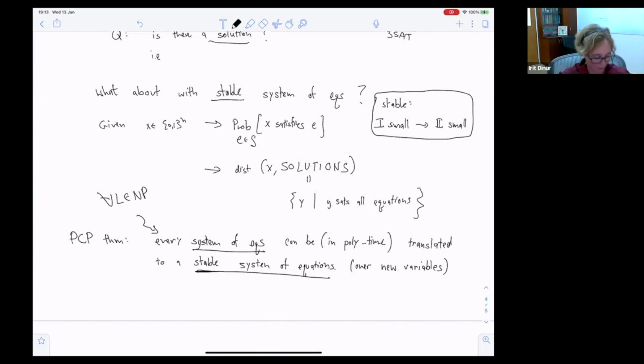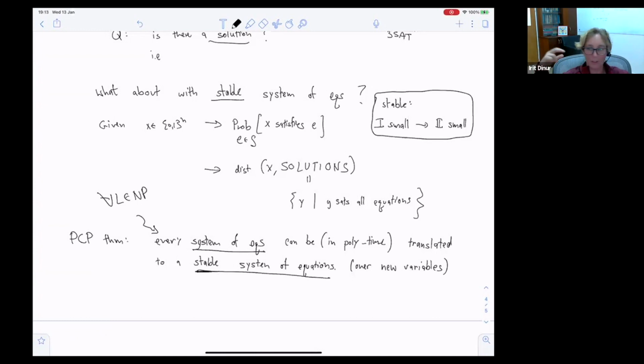Okay, so one more application of PCP, a more theoretical one, is the relation between proving a PCP theorem and studying hardness of optimization problems. For example, this theorem, the way we wrote it, the fact that a system of equations can be translated to a stable system, means that not only can you not find a perfect solution for a set of equations, there is no algorithm that finds even a solution that satisfies 99%, what we call an approximation algorithm.